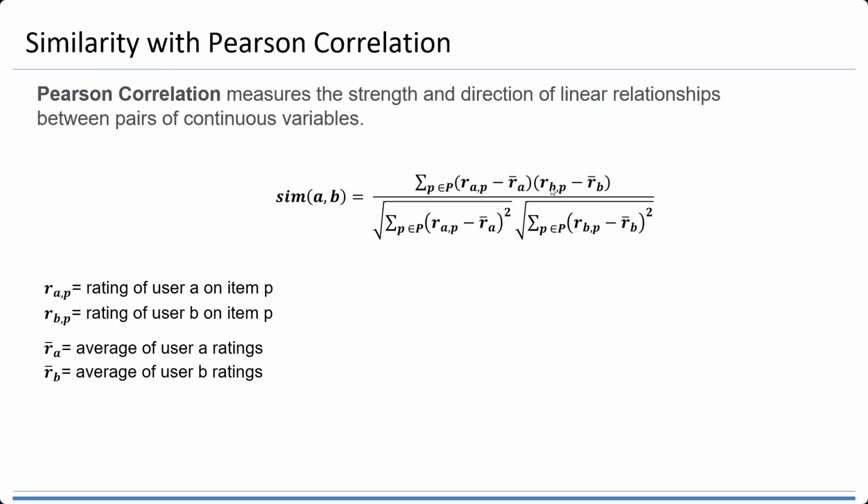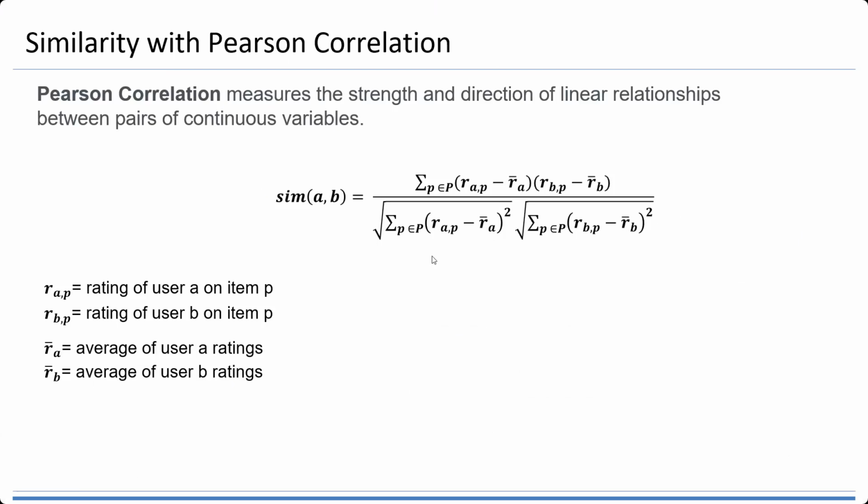Multiply by R B P, the rating of user B on item P, minus R bar B, the average of user B's ratings. And it will be divided by the square root of sigma R A P minus R bar A squared, multiplied by the square root of R B P minus R bar B squared.